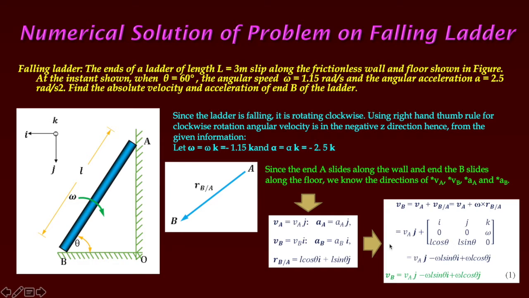And for the radius vector, the k component is 0. Now go through the cross multiplication and obtain this value of VBA. Now we can sum up the j components here. So from these, VB is the absolute velocity vector for point B.